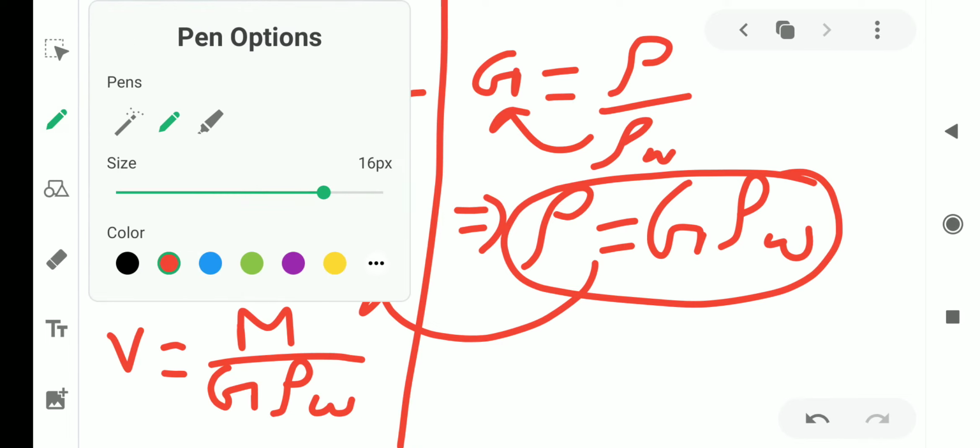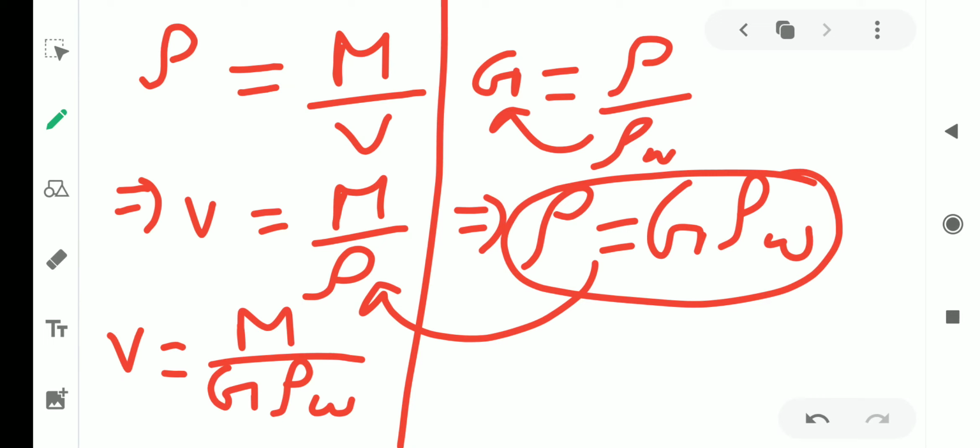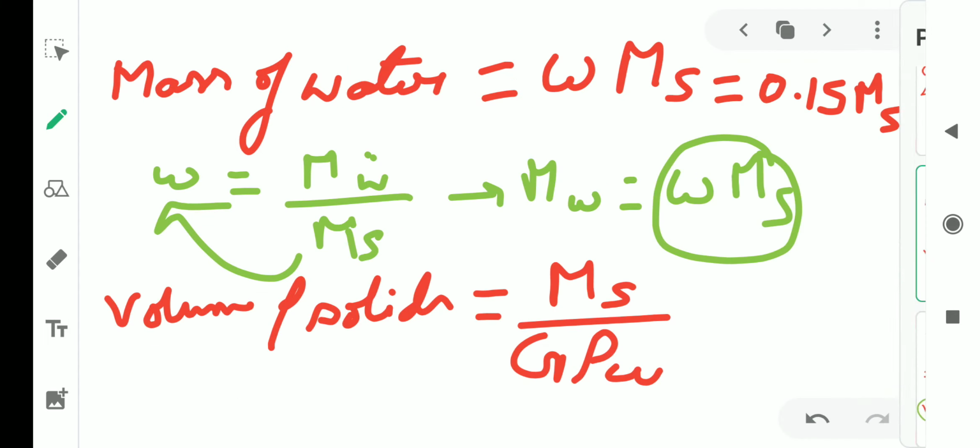So what we saw in the previous slide, volume of solids we have written as mass of solids by specific gravity of solids into rho w. So it is correct.